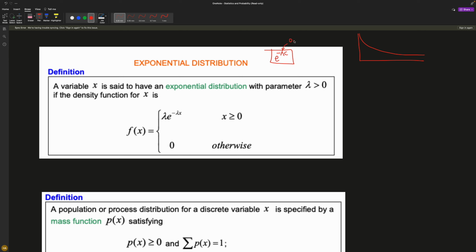Let's say your lambda is 0.2, and our c is 10. If I plug in 10, it will give me my area under the curve to the right of whatever value I put in here. That's all you need to know for exponential distributions: whatever you plug in for c, or x if you want to name it that, it will give you the area to the right of that.